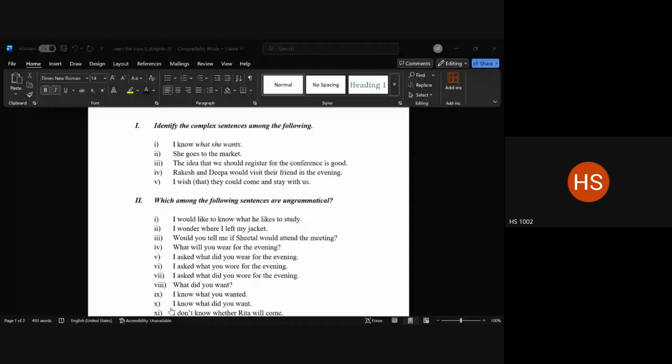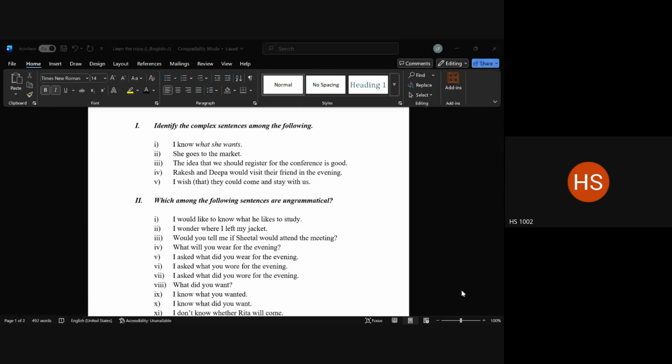Then you have the last one here. I wish that they could come and stay with us. Here, I have put that in the brackets because without that, a lot of people were finding it difficult to identify.